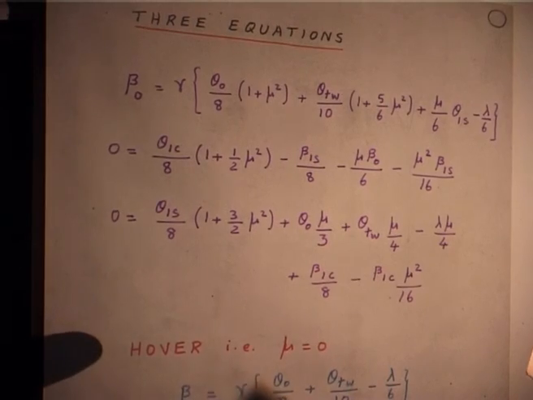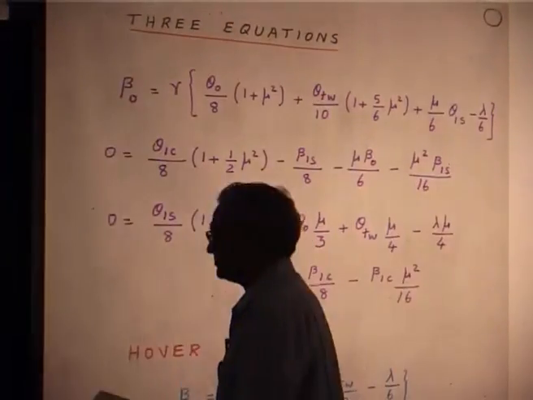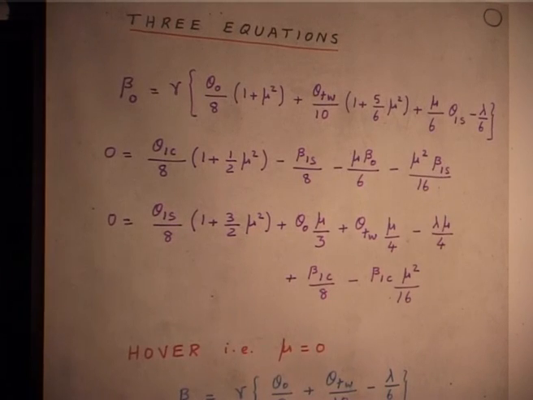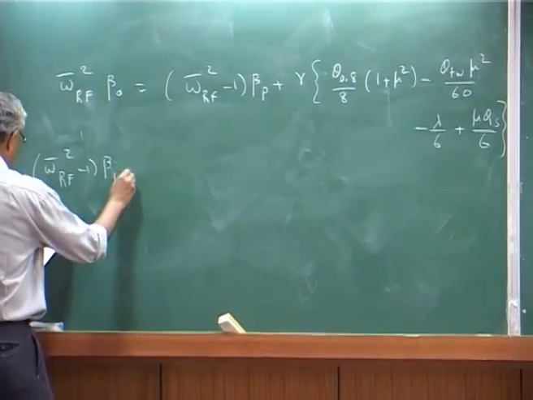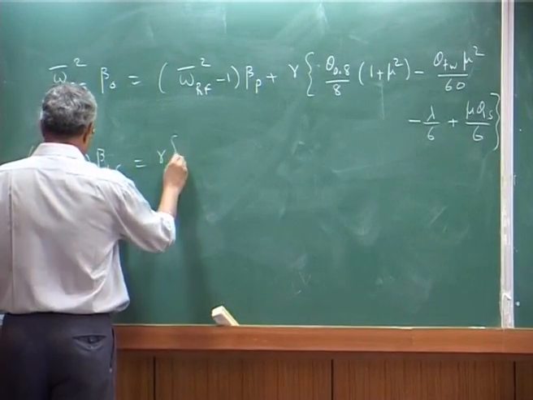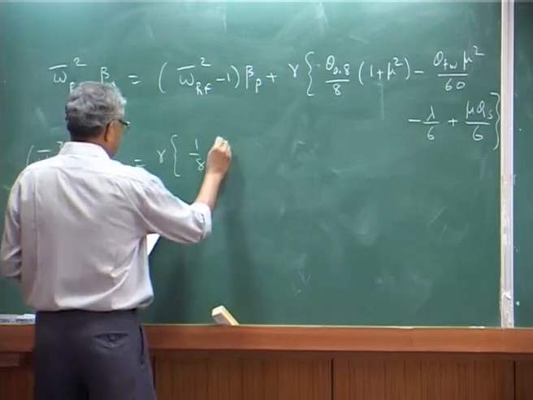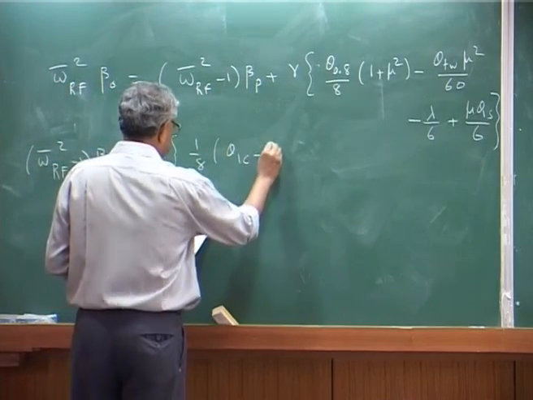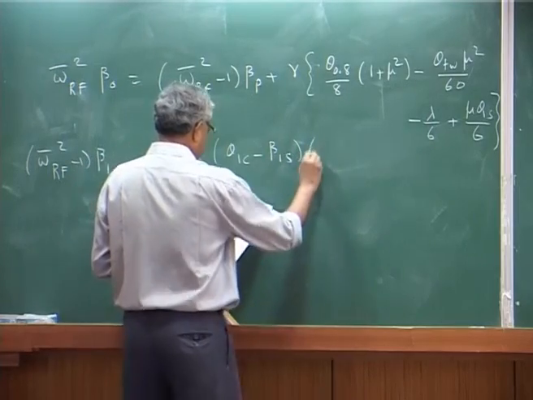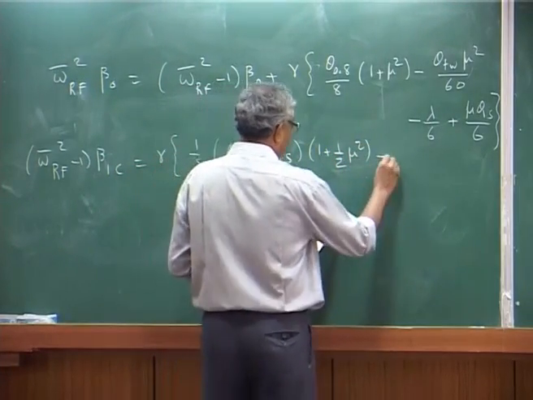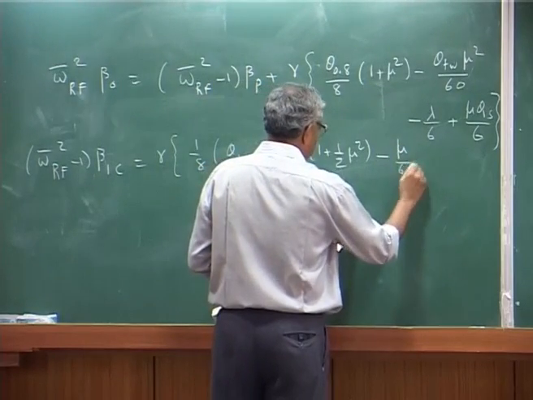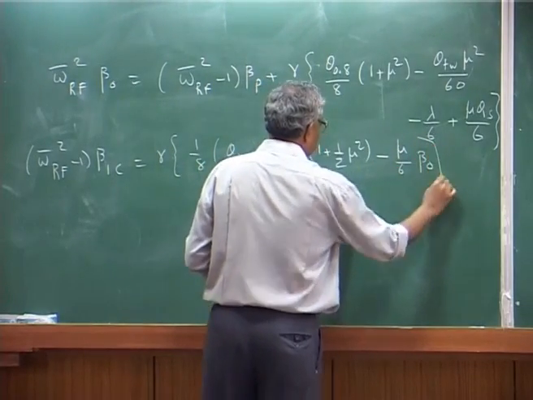But then the next 2 terms is omega bar, this is a little different, minus 1 beta 1 c is gamma 1 over 8 theta 1 c minus beta 1 s into 1 plus half mu square minus mu over 6 beta naught.